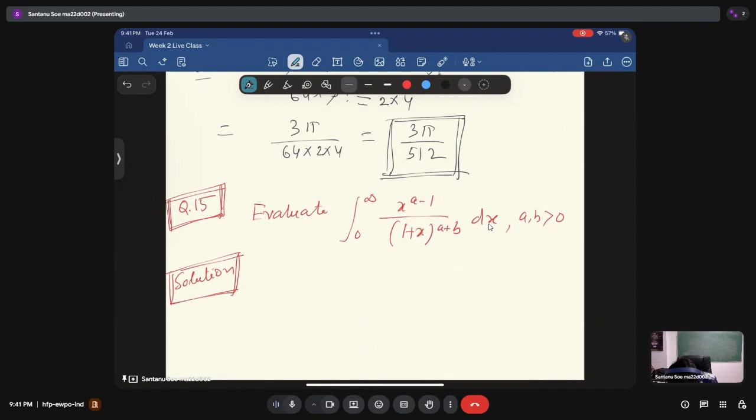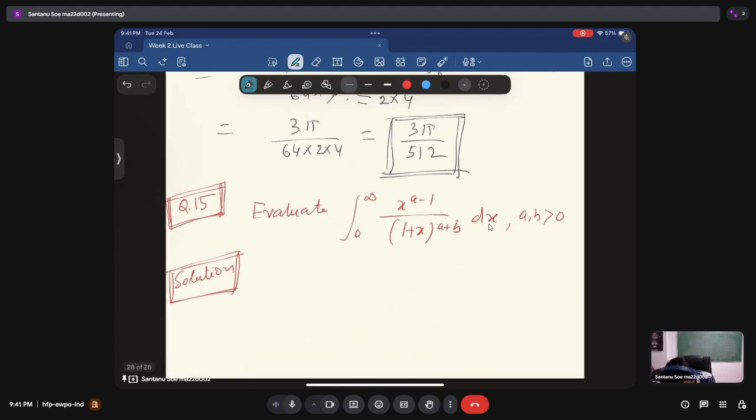Okay, so now what we're gonna do is substitute x by t divided by 1 minus t. So then 1 plus x will be t divided by 1 minus t plus 1. So this is gonna be 1 divided by 1 minus t.